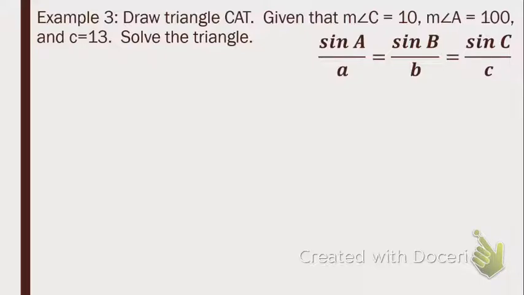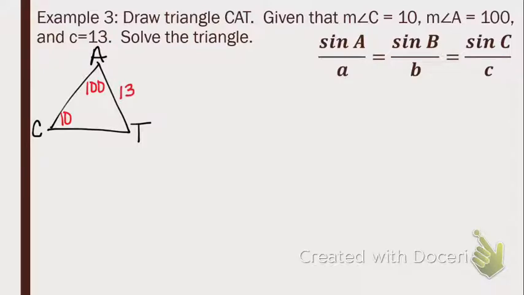So we have our triangle. And it says angle C is 10, angle A is 100, and little c is 13. So we need to solve it out.